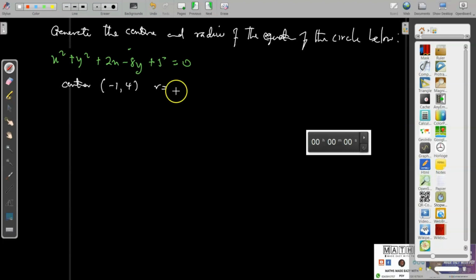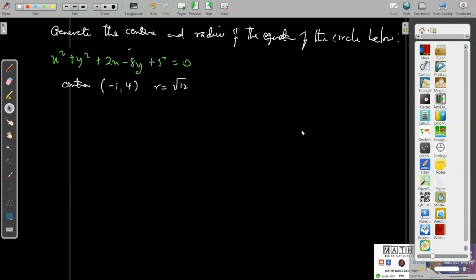Root 12. Okay, so which method did you use? The first method, meaning the completing of squares method, right? Yes. Okay.